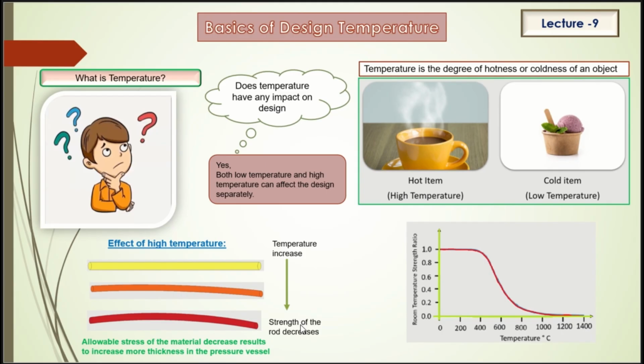That's why ASME BPVC Section 2 Part D gives allowable stress values for different types of materials. While designing a pressure vessel, we need to consider a material which is suitable for our condition based upon the temperature conditions and allowable stress. This is the effect of high temperature.